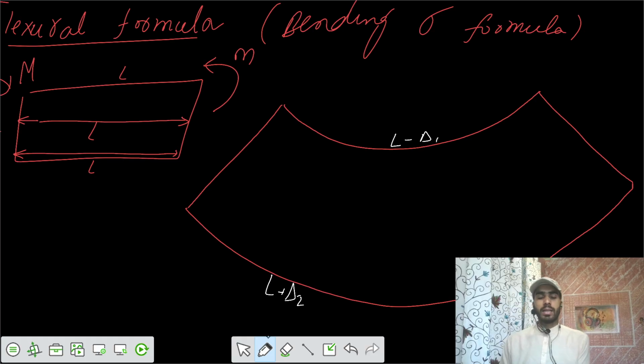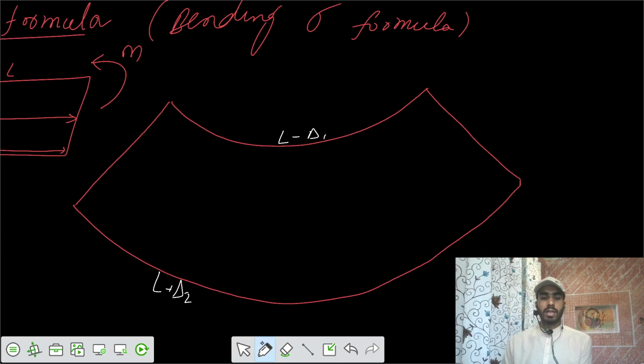Then there is a locus of points where the strain is 0. That means there is no change in length along the points on that surface, along the plane.